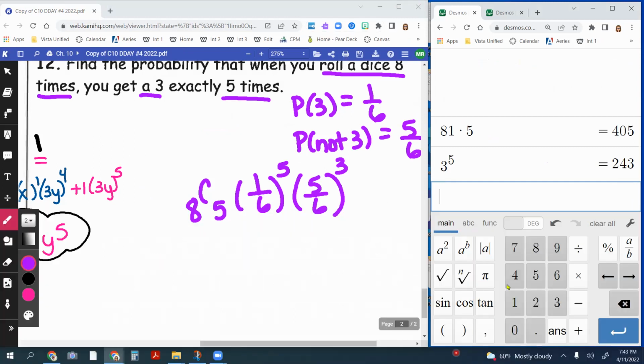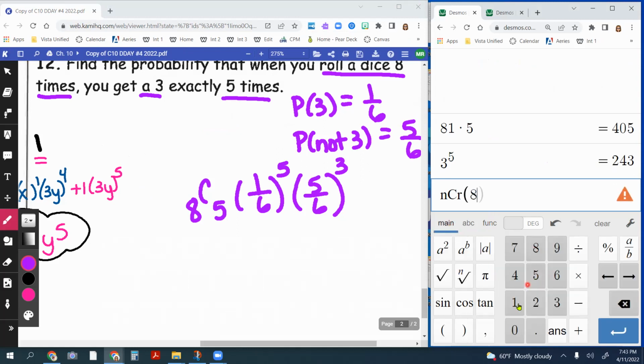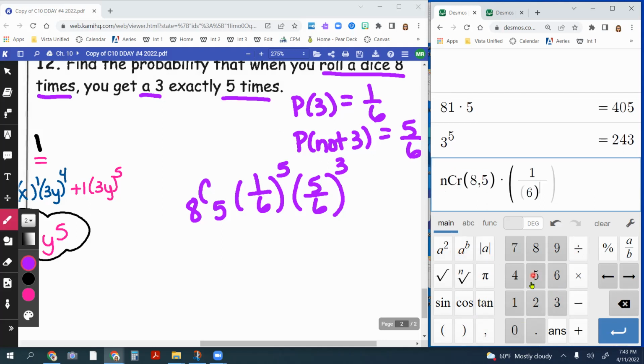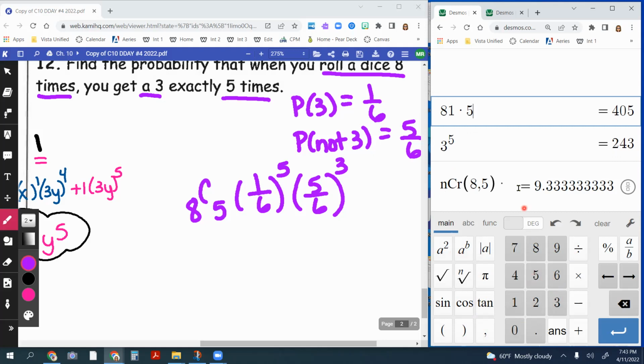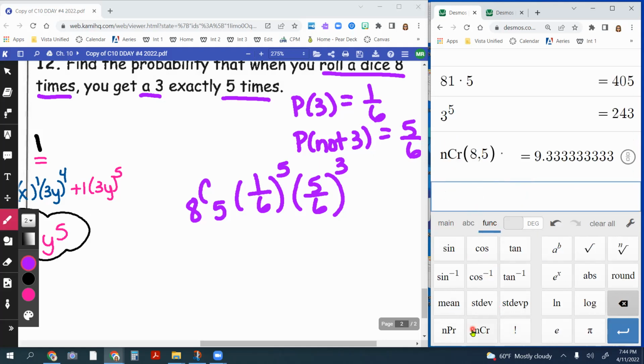And when I do that, I'm going to take 8 choose 5 times 1/6 to the 5th. Whoops. Let me restart. Okay.